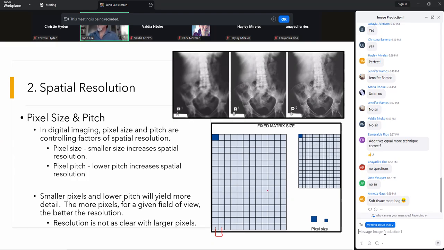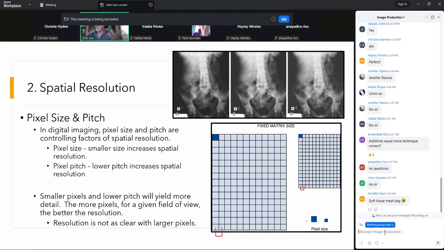In this smaller pixeled matrix, this distance is shorter than that distance. So in that instance, a smaller pixel pitch would equal an increased spatial resolution.